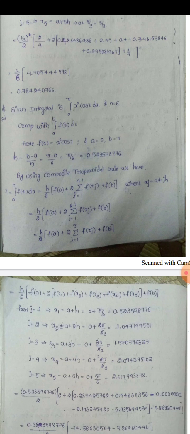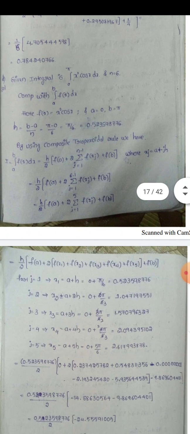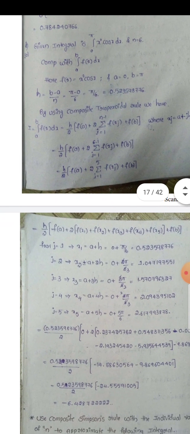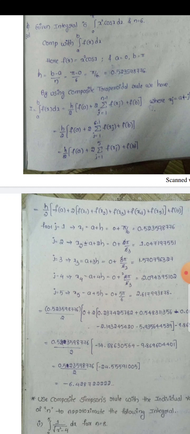That equals h by 2 f of a plus 2 into summation j equals 1 to 6 minus 1 f of xj plus f of b, which equals h by 2 f of a plus 2 into summation j equals 1 to 5 f of xj plus f of b equals h by 2 into f of a plus 2 into f of x1 plus f of x2 plus f of x3 plus f of x4 plus f of x5 plus f of b.